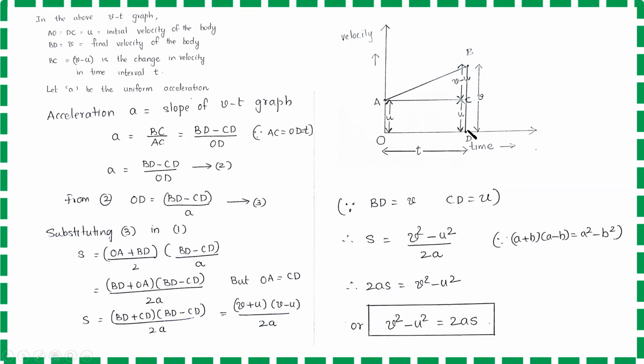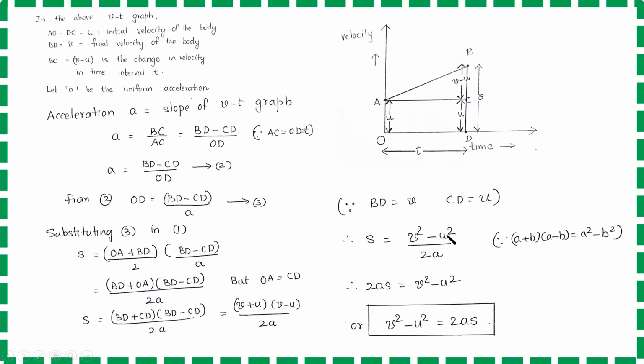BD, you all know, is v, and CD is u. Therefore, you can write (v plus u) into (v minus u) by 2A. We all know BD is the final velocity v and CD is the initial velocity u. This is like (a plus b) into (a minus b), that is a square minus b square.